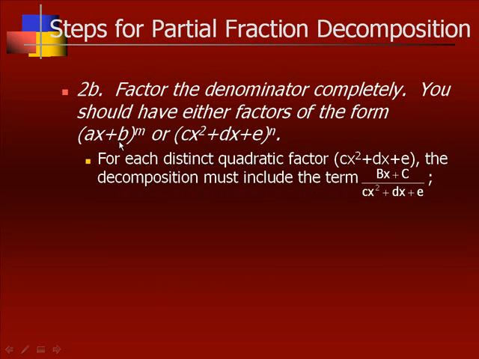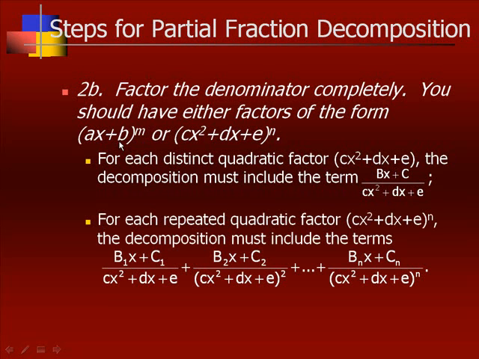For each distinct quadratic factor, cx squared plus dx plus e, the decomposition must include the term bx plus c over cx squared plus dx plus e, which means we've got a linear factor over the quadratic. For each repeated quadratic factor, cx squared plus dx plus e to the n, the decomposition must include the terms bx plus c for each power of that quadratic factor.